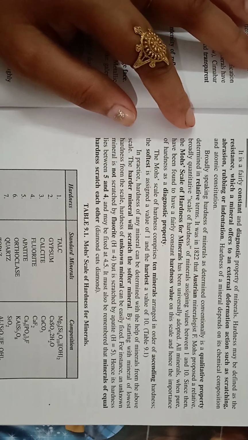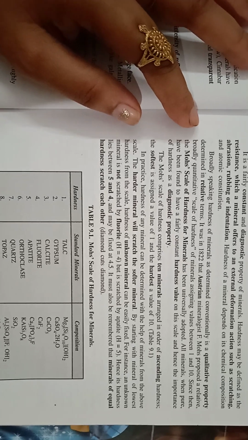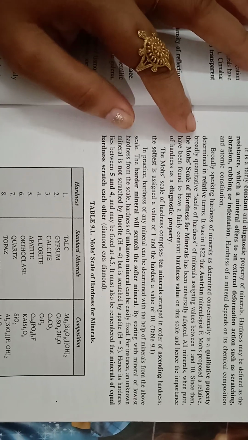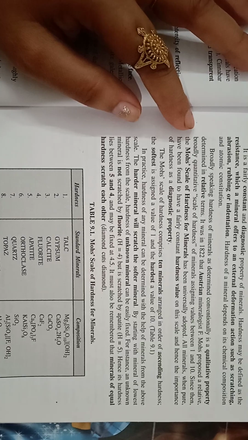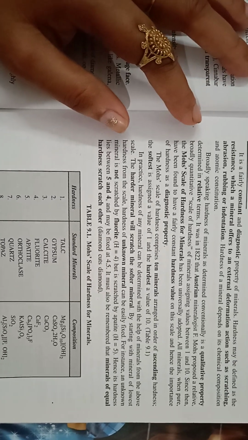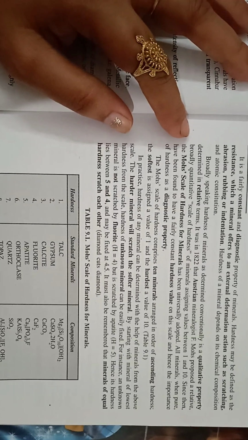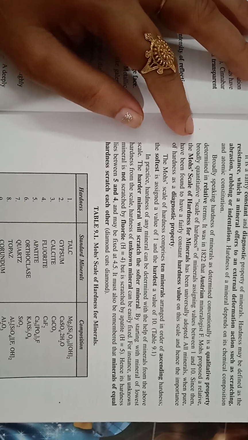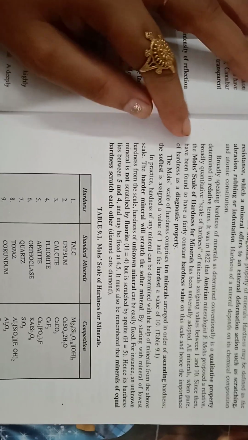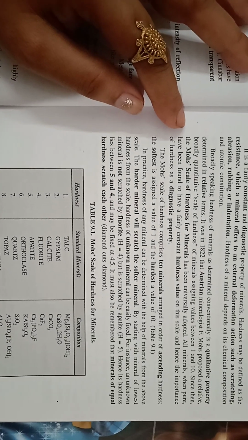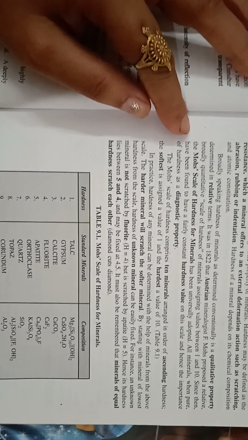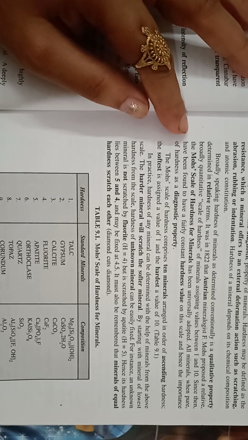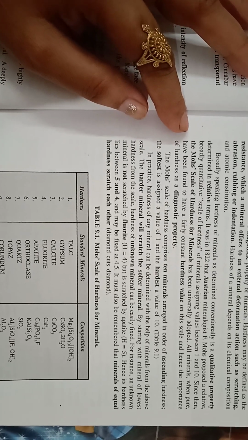It was in 1822 that Austrian mineralogist F. Mohs, the Mohs scale of hardness as we call it, proposed a relative, broadly quantitative scale of hardness of minerals assigning values between 1 and 10. Since then, the Mohs scale of hardness for minerals has been universally adopted.